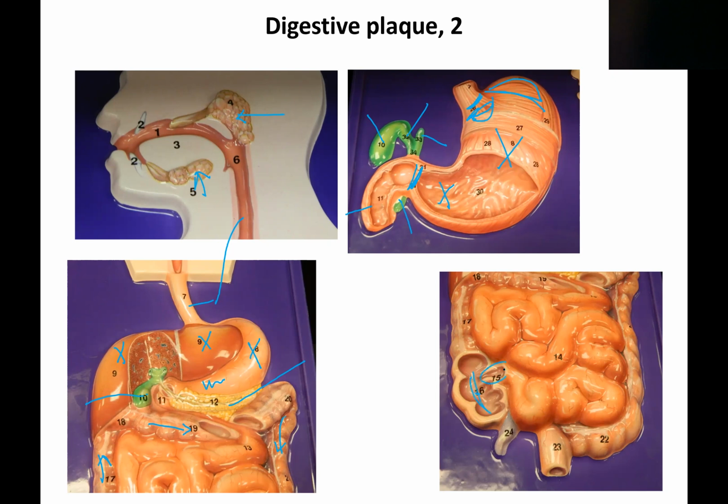Cecum, ileocecal valve, ileum, jejunum, ascending colon, transverse colon, descending colon, sigmoid colon, and rectum.